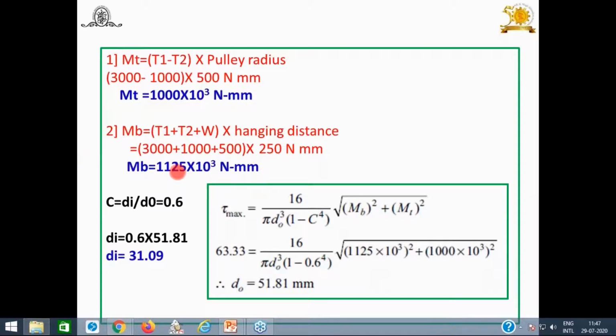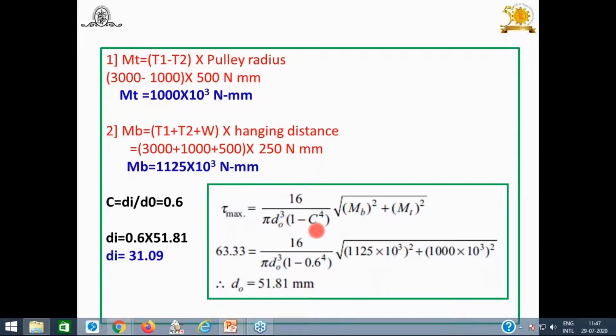This is MB. Once you know MT and MB, and we know C, the ratio of inner diameter and outer diameter, given as 0.6, what you have to do is use this expression for a hollow shaft: tau max is equal to 16 upon pi d_o cube.